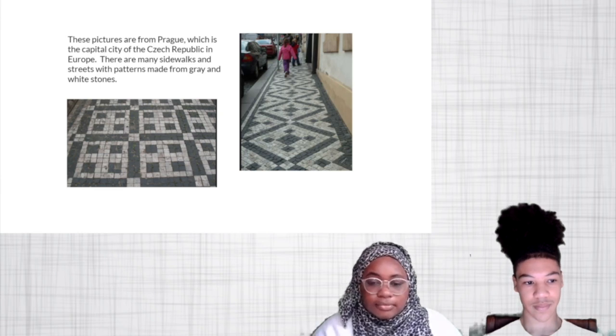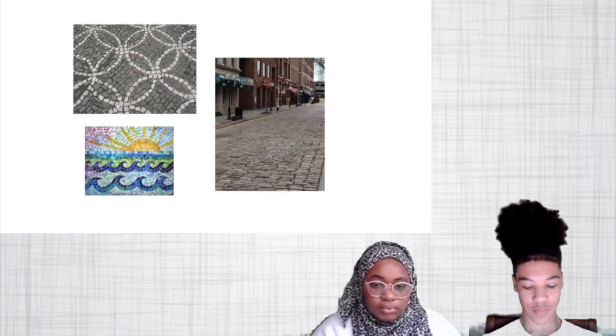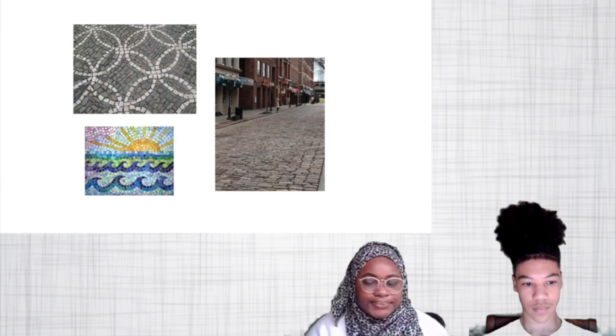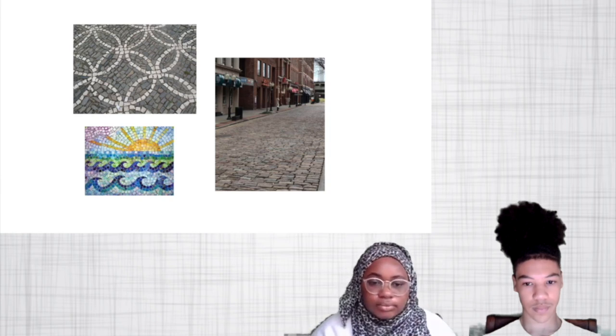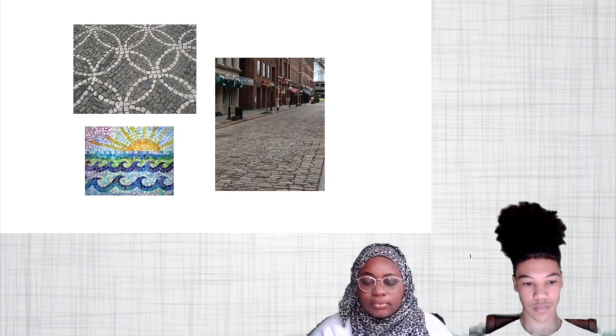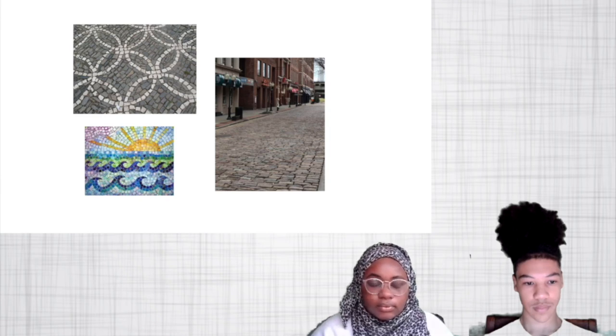And these patterns, there's another sidewalk pattern up in the left-hand corner. I was wondering if you've seen patterns like this made of stone. Sometimes people make patterns made of little tiles or glass, or maybe you've just seen a cobblestone street like on the right side. So have you seen these kind of patterns before?